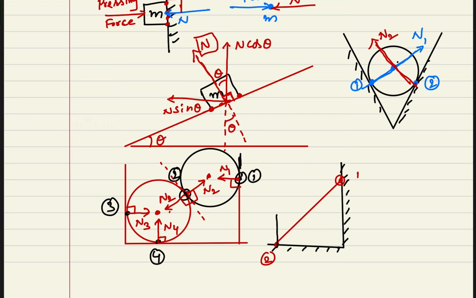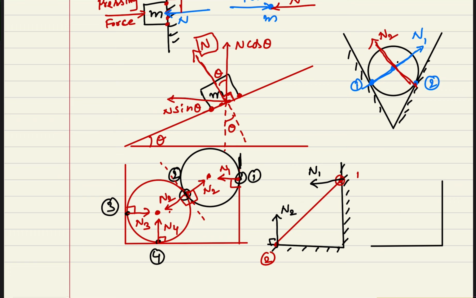Perpendicular to this surface is n2, and perpendicular to the first surface is n1.